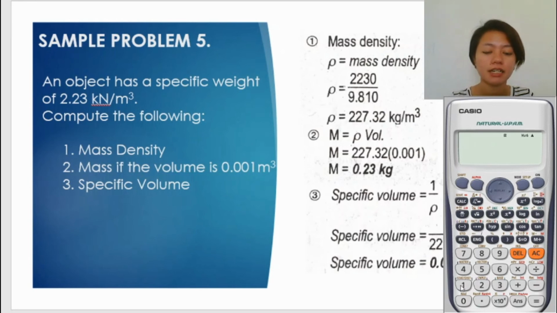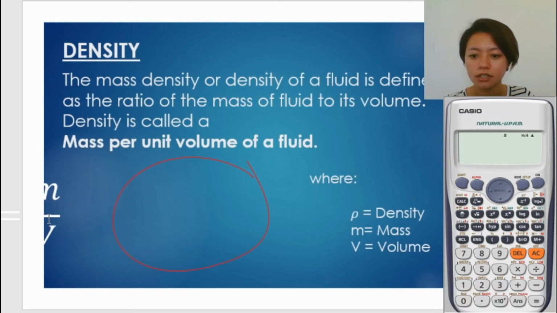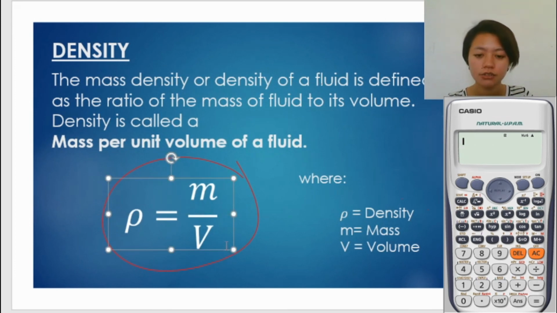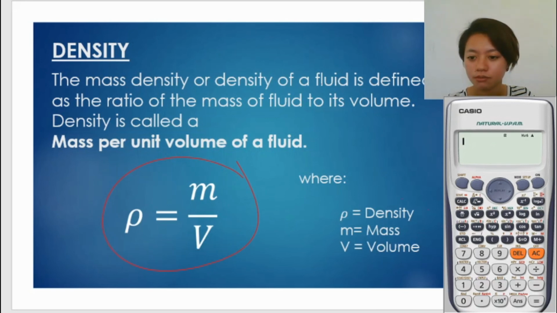But this time, we already have the density and the given volume, so we look for mass. We just interchange the formula. What we are looking for is mass, so to get mass, we cross multiply: density times volume.